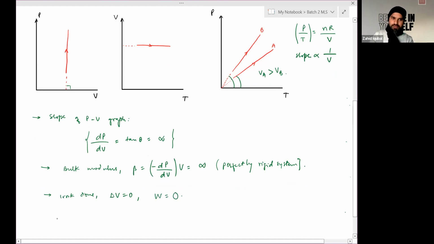According to the first law, dQ equals dU plus dW. dW is 0 in this part, so dU equals dQ, which should be equal to n C dT, and C in this process will be Cv, that at constant pressure. So this will be an expression for this part.